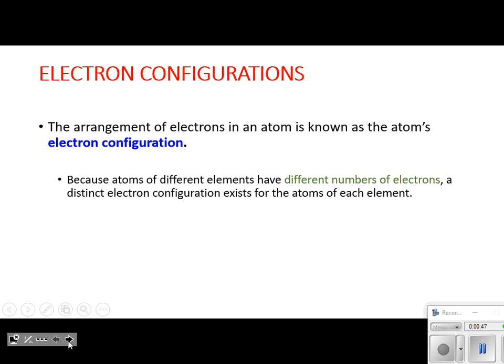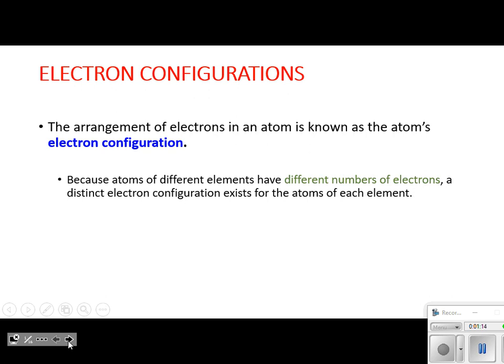Nitrogen has its own fingerprint. Now, are all nitrogens the same? Yeah, they have the same electron configuration, but it is a distinct configuration when you're looking at, say, nitrogen compared to oxygen.